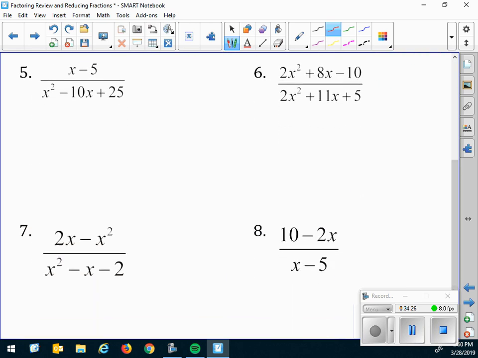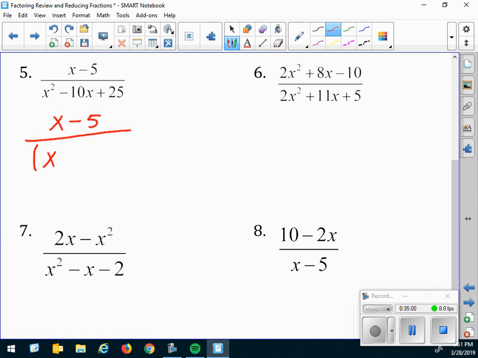Number 5. Let's go to number 5. Will the numerator factor? No. Will the denominator? How?